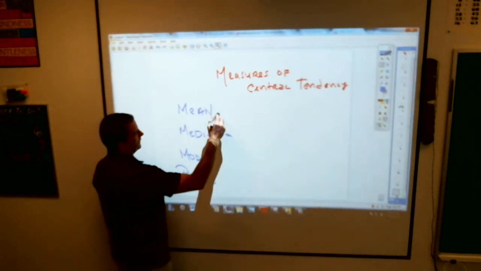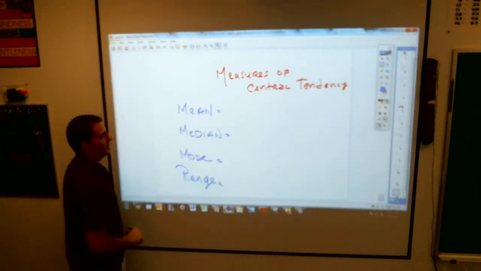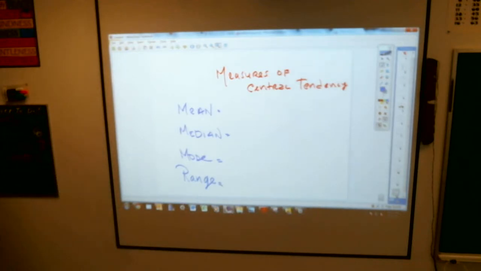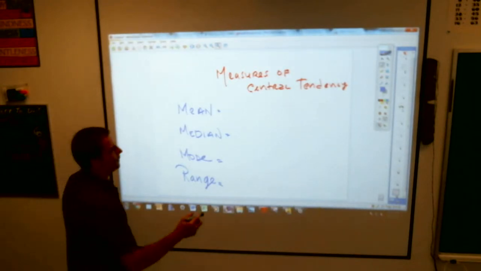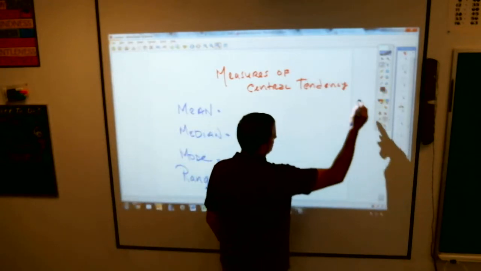Those are the 4 things they will ask you when they talk about the measurements of central tendency. And in order to find these things, you have to have a list of numbers.